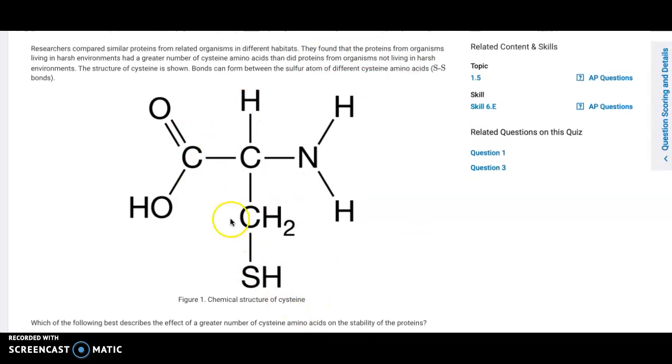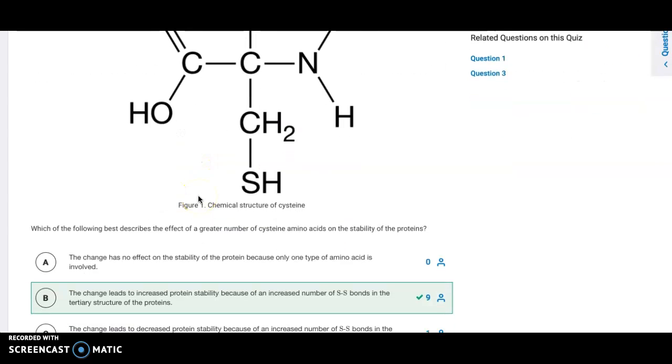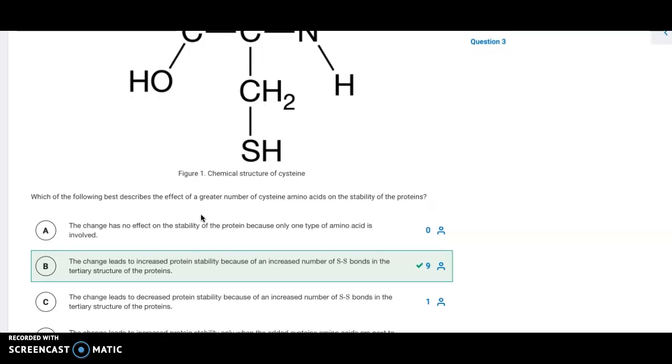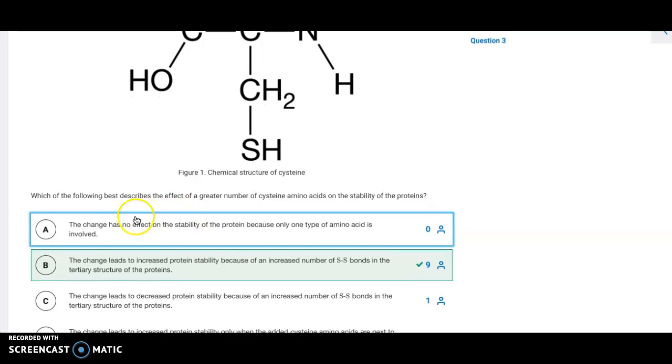So they're saying in those kinds of environments, this amino acid is more common. Which of the following best describes the effect of a greater number of cysteine amino acids on the stability of proteins? Well, my guess is it's going to make them more stable, because that means that harsh environment is less likely to cause them to unfold or to change shape, and hence the animal or plant or organism will be able to continue to produce usable proteins.